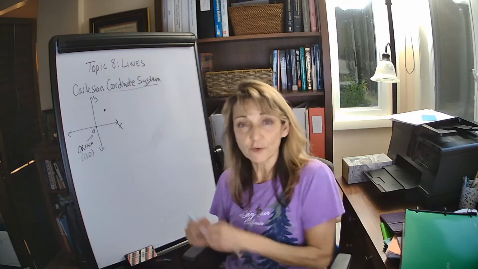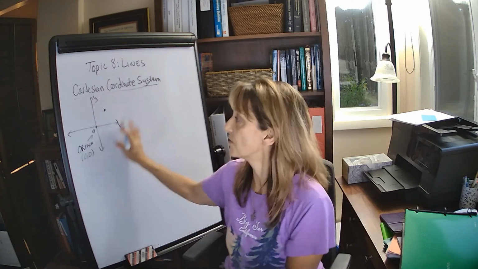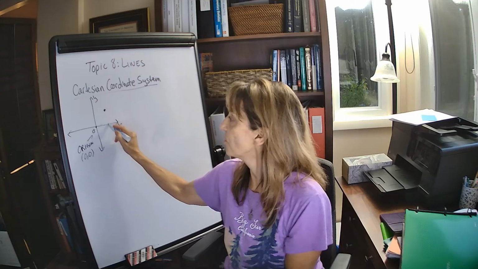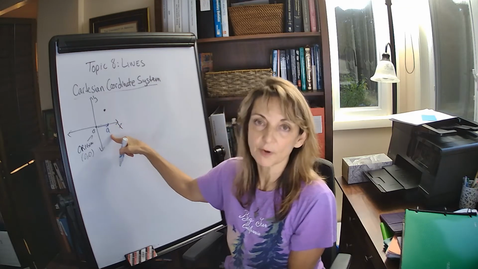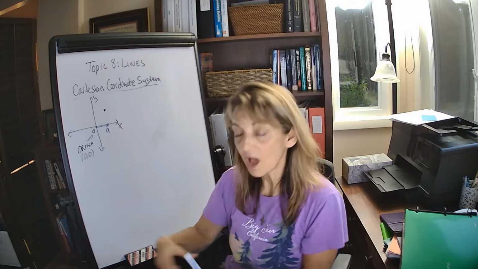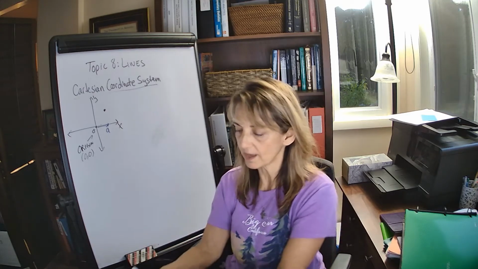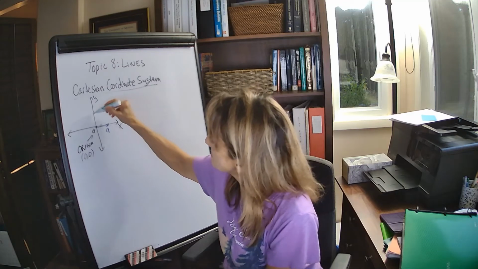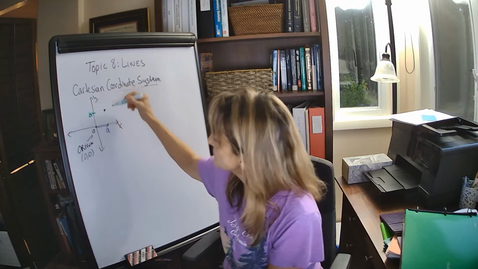The way we refer to that point's location on the plane is how far over it is on the x-axis, let's say some number a, and how high or low it is on the y-axis, let's say some height b.